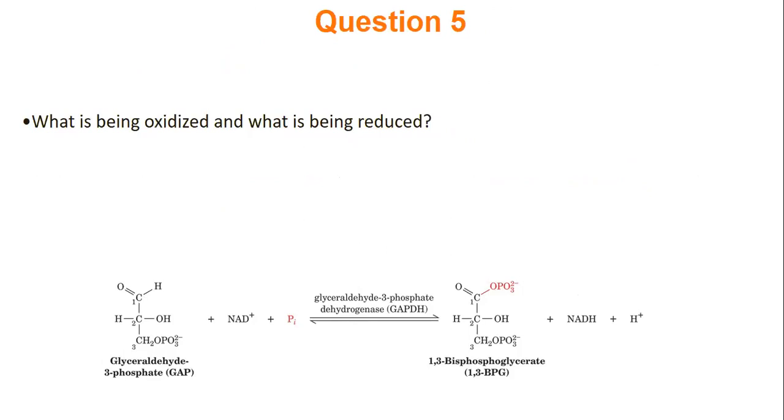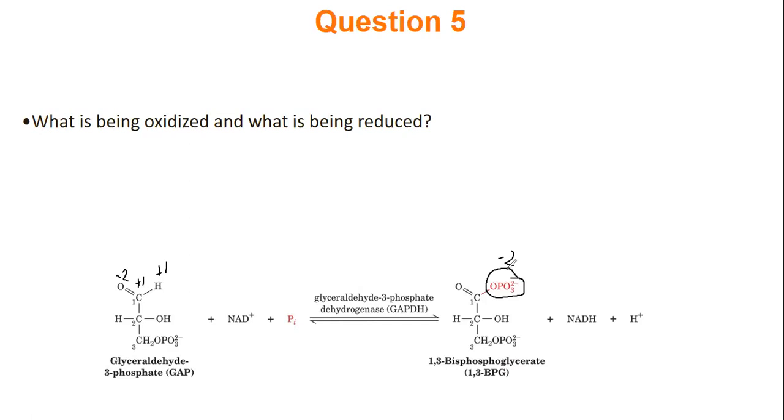Here, what is being oxidized and what's being reduced? I will just do this relatively quickly. So hopefully you remember how to do our redox numbers. Oxygen's always -2, hydrogen's always +1. This carbon therefore must be +1. Here for the phosphate, here's a little way to speed this up. It's -2 overall. So everything added together is just -2. You don't have to do individual oxygens and phosphates.